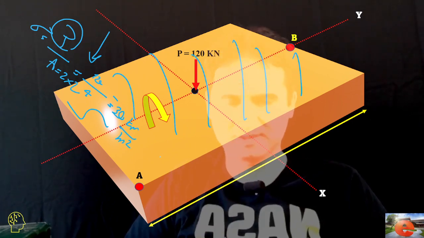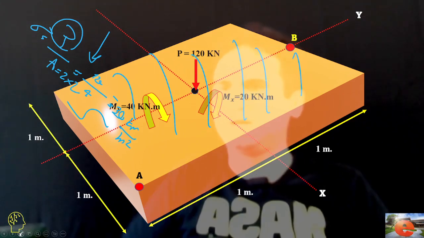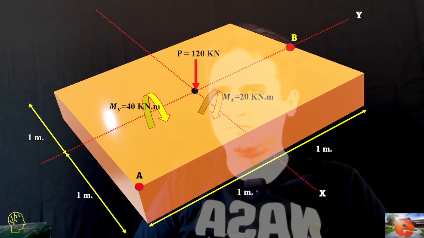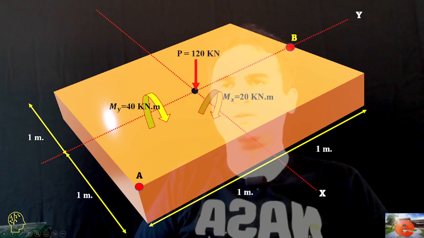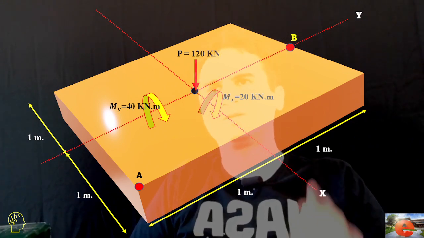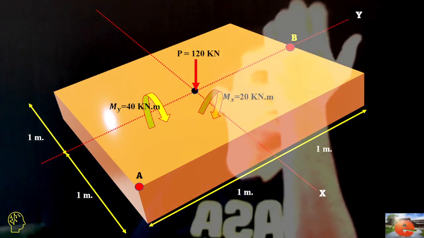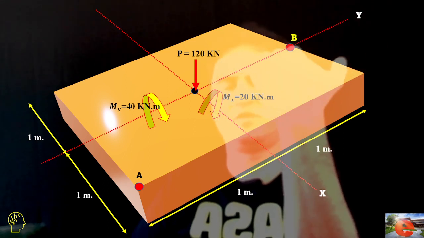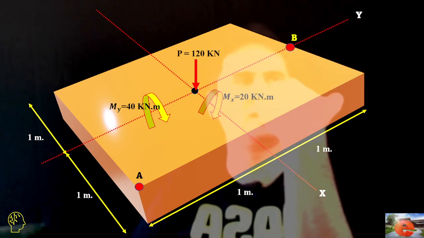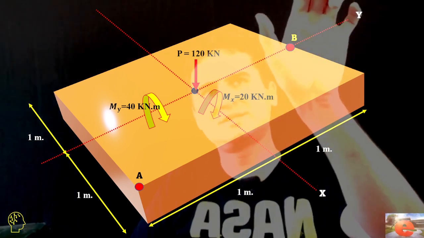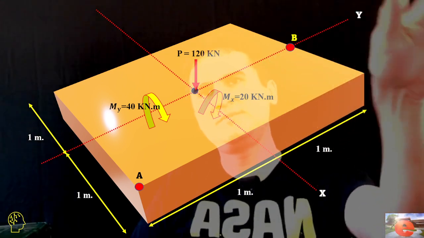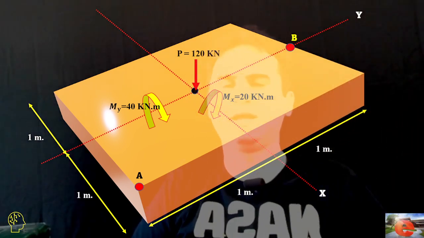kilonewtons per meter squared of stress. At the same time, we have the moments. If you look at the nature of these moments, My, about our y-axis, pushes point A downward, and Mx pushes point B and pushes point A outward.